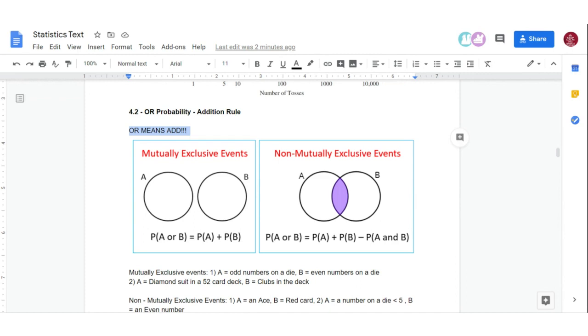But a Venn diagram is just a way to visually show the relationship between two sets. Now, on the left is what we call mutually exclusive items or events. That means things that cannot occur at the same time.